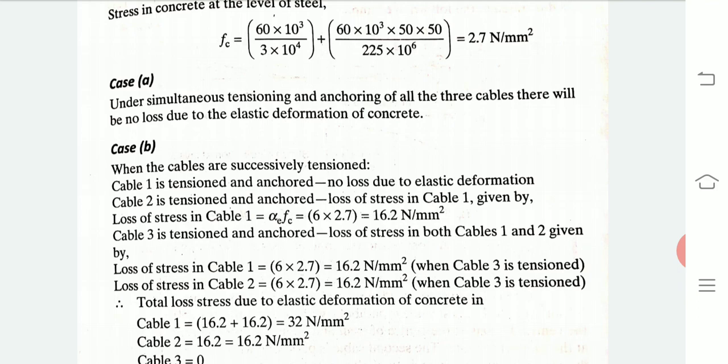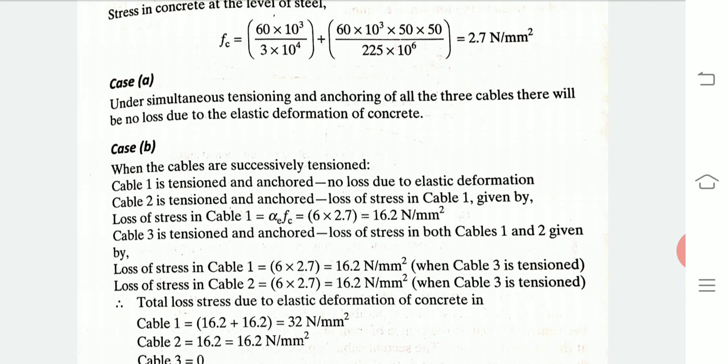Now when we go for tensioning cable 3, there will be loss in cable 1 and cable 2. Therefore loss in cable 1 is again 6 into 2.7, that is modular ratio into Fc. We get the same answer, 16.2 Newton per mm square. And in cable 2, the loss is again same, 6 into 2.7, which is 16.2.